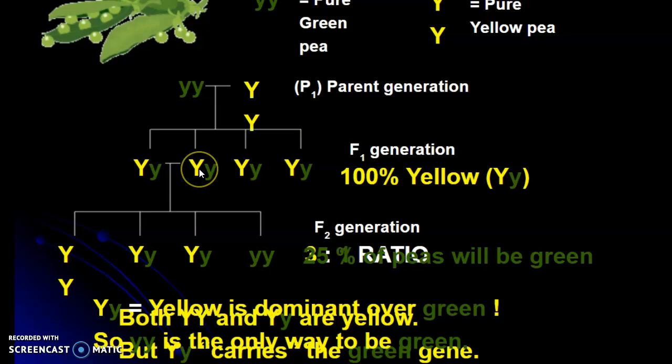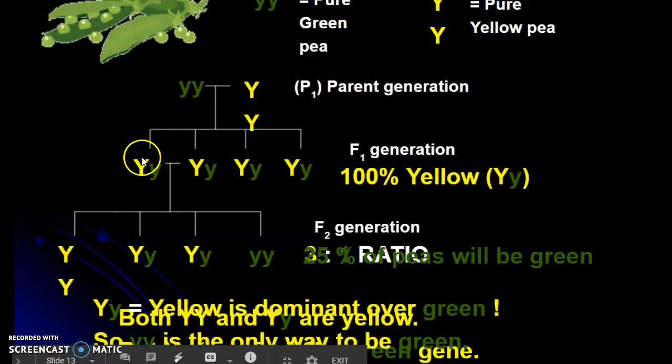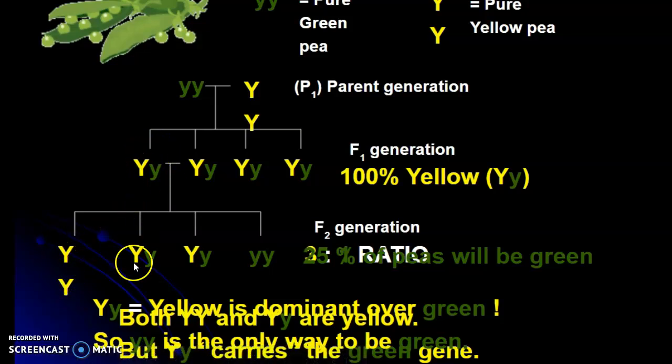So everybody was big Y, little y. In other words, they were all yellow. As long as you have one big Y, you're going to be yellow. You then let them cross, and there are lots of things that can happen here. If you get a big Y from one parent and a big Y from the other parent, you're going to be big Y, big Y. If you get a big Y from this parent and a little y from this parent, you're big Y, little y, otherwise known as yellow.